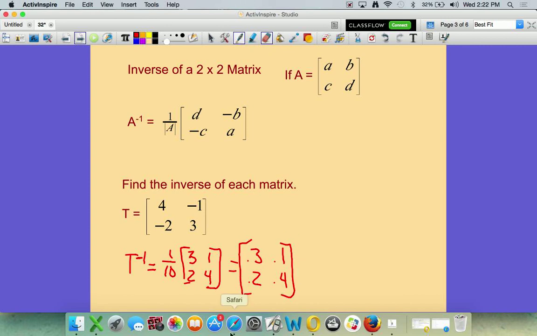And if you're not 100% sure if this is correct or not, go check it. Take this matrix times this matrix. And then, if they are inverses of each other, we should get that 1, 0, 0, 1. And then just remember, you gotta do it the other way too. So you gotta take this one times that one to also get that 1, 0, 0, 1.